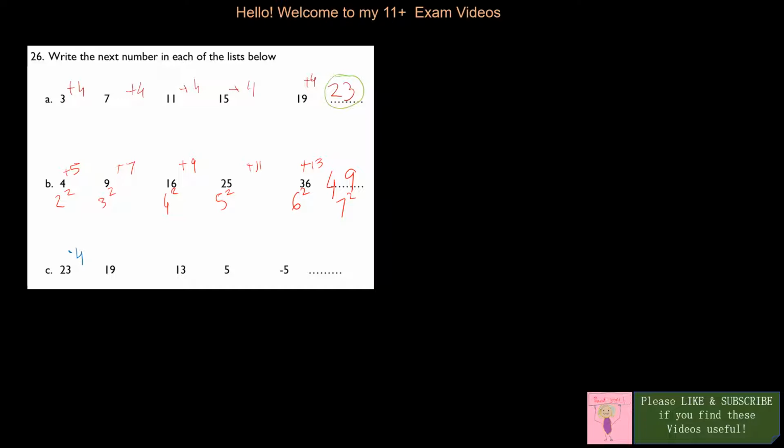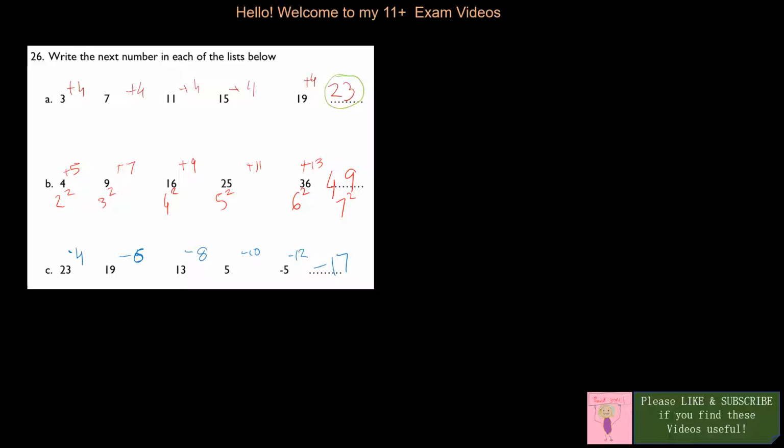Yes, 23 minus 4, then minus 6. 19 minus 6 is 13, then minus 8. 13 minus 8 is 5. 5 minus 10 is minus 5. So 4, 6, 8, 10. Next will be minus 12, which is minus 17. So that's what the answer is.